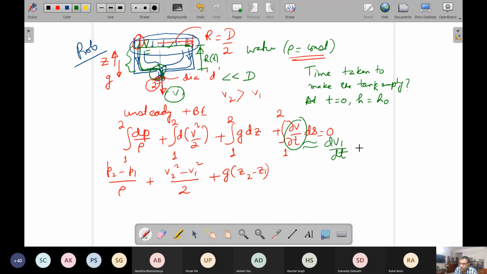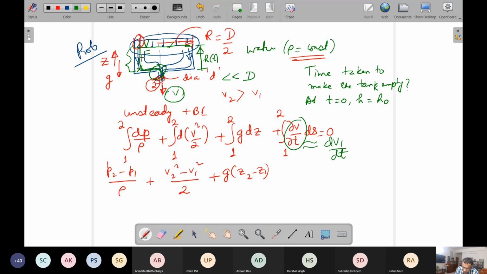So you can say, why V1? If you consider this parallel nature of the streamlines, from 1 to at least this very bottom part of the streamline, the area of cross section of the tank is the same, and for continuity of flow, because the area is not changing, the velocity will also not change.